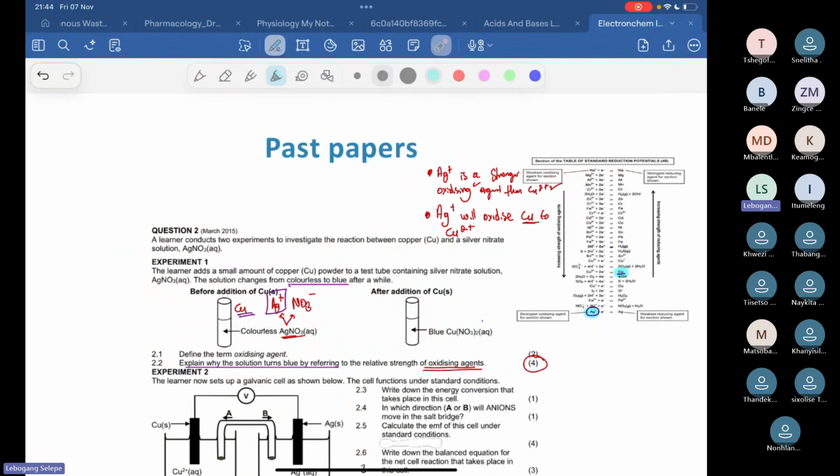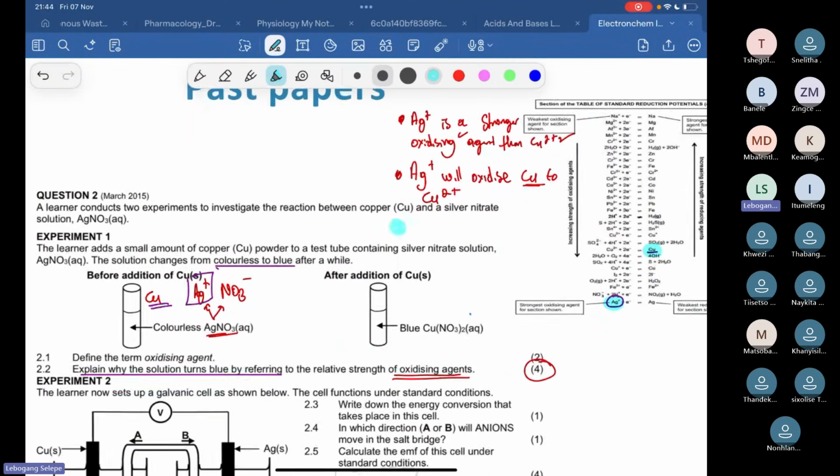Then the blue color, basically the blue color comes from Cu2 plus ions, right? So Cu2 plus is blue. It makes a solution blue in color. So all the colors, guys, are due to the positive ions. Most solutions have their color because of their positive ions.